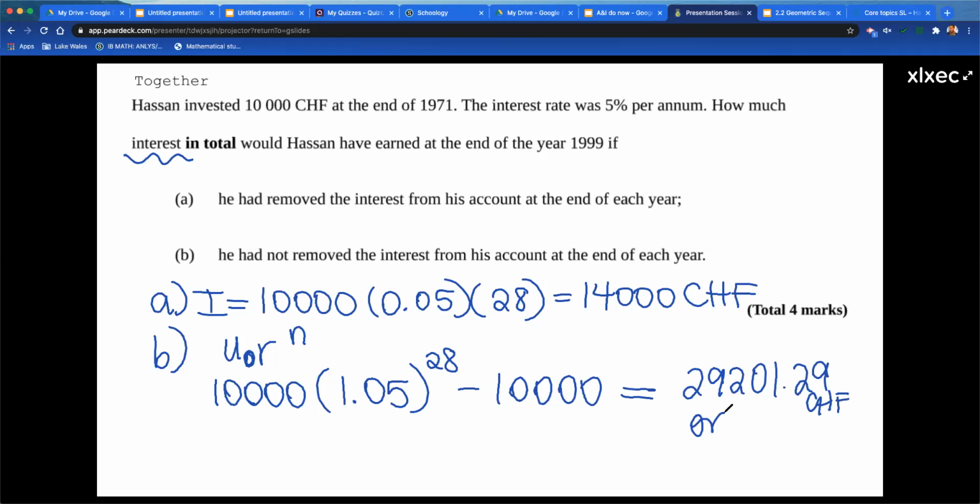Or if I wanted to round to 3 significant figures, it would be what? $29,200.